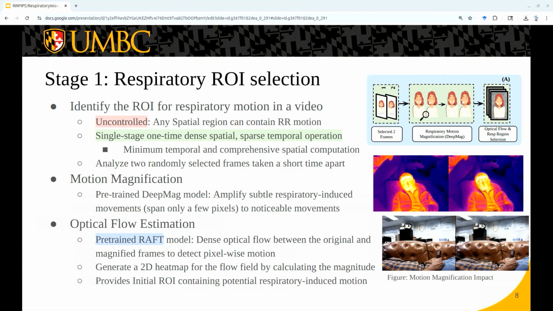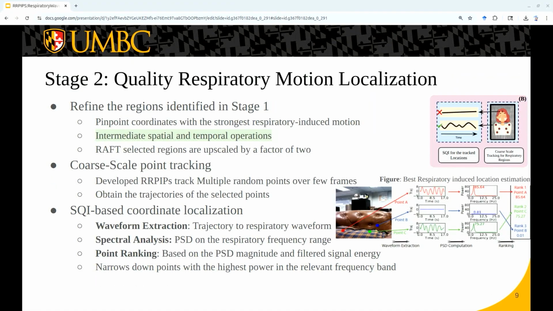We use a pre-trained RAFT model, which is our optical flow benchmark, to compute optical flow between the original and magnified frames. Then we generate 2D heat maps to find the locations with the most breathing. This significantly reduces the number of pixels to work with in the subsequent tracking steps.